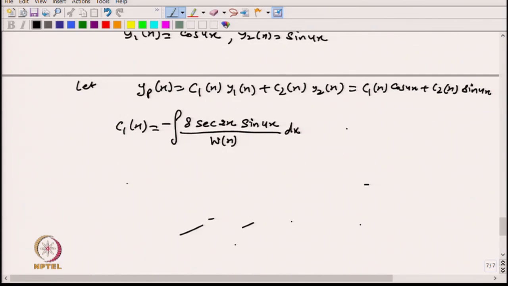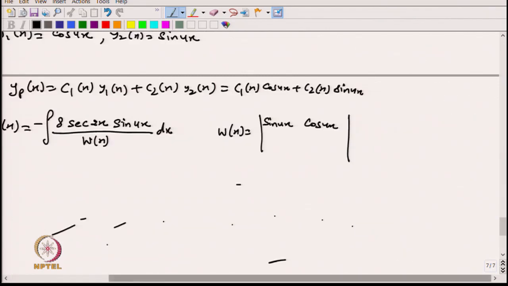Now, the Wronskian can be found with the help of the two functions I have, sin 4x and cos 4x, and taking the derivative of these, it will be 4 cos 4x and minus 4 sin 4x.